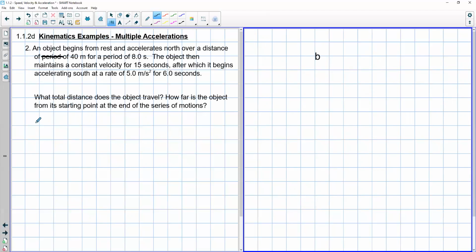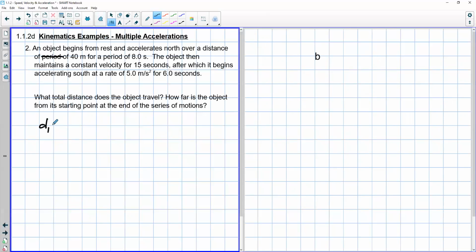So we have distance 1, 40 meters, and change in position 1: the position at the end of the first motion is plus 40 meters.